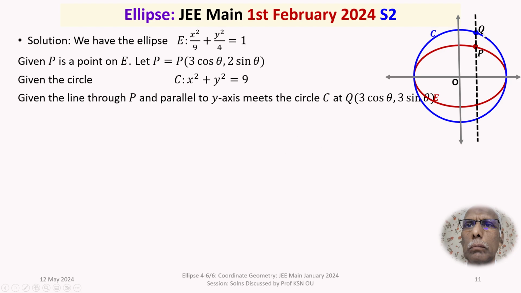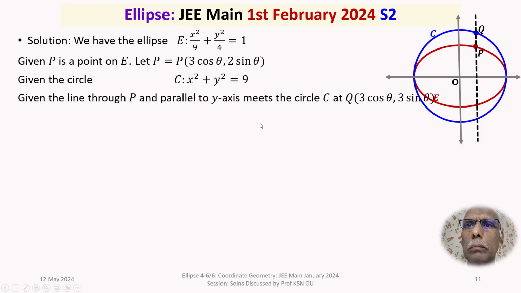So now the circle's equation is x square plus y square is equal to 9, and the coordinates of Q in the parametric representation will be a cos theta, a sin theta, that is, 3 cos theta, 3 sin theta.